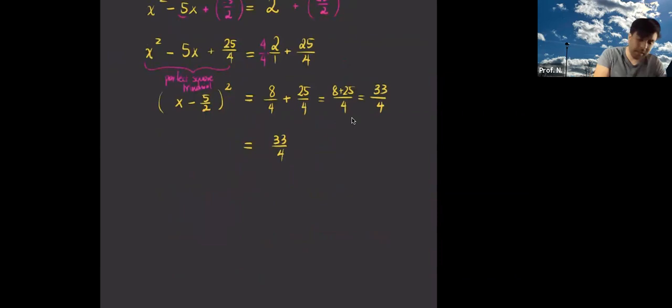So this is what I have then, guys. Good. x minus 5 halves, parentheses squared, equals 33 over 4. And now I want to get x though. I still want to get x. So what must I do?